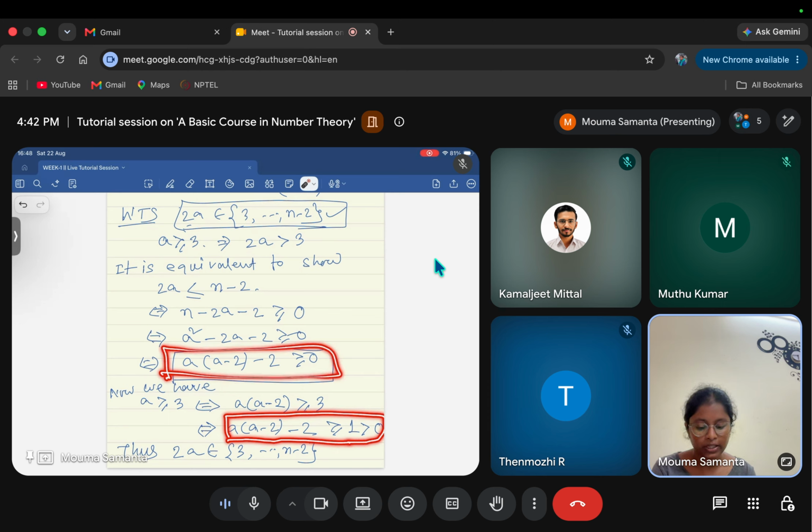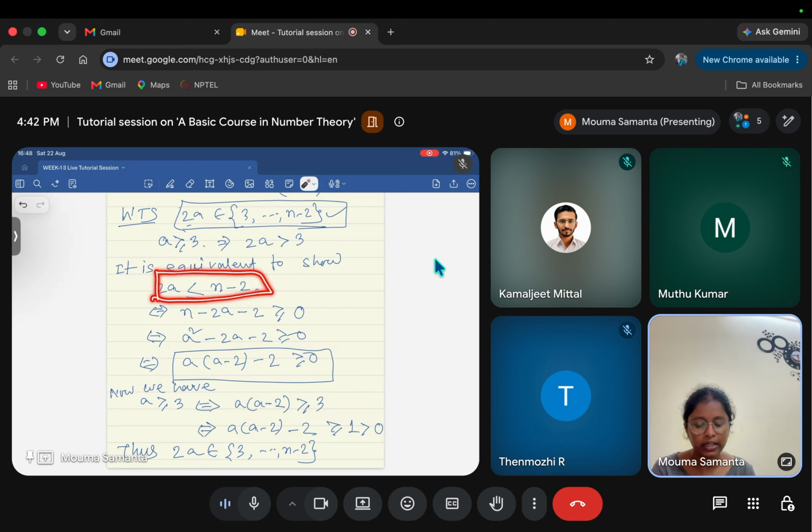Thus we get the upper bound of 2a, which is n minus 2, and hence we have shown that 3 is less than or equal to 2a, which is less than or equal to n minus 2. Hence 2a lies in this set. So this is the trick, or calculation you may say, I have applied to show that 2a is another integer different from a, which occurs in the factorial (n minus 2).